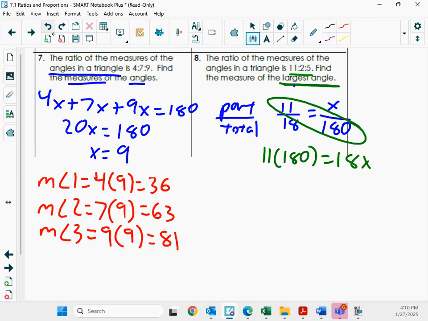And you'll see why a little later in the lesson, why it's a good habit to get into. So I get 1,980 equals 18x. And so x equals 110. There it is. That's our biggest angle. Oh, and then we did 18 times x.